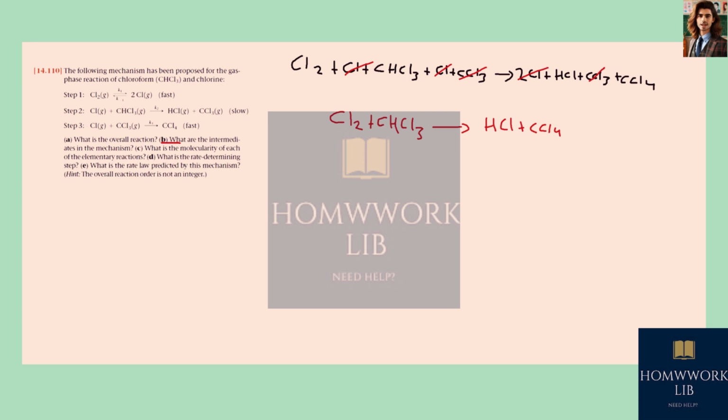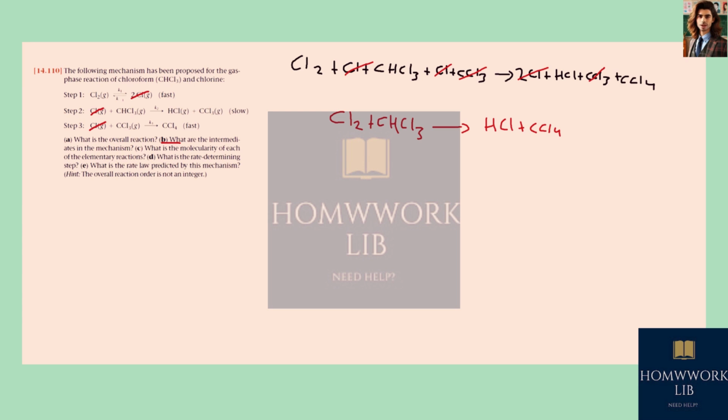Now, what are the intermediates in the mechanism? In each elementary step, we get something in the products, and if whatever we get in the products is consumed in another elementary step, that is an intermediate. So chlorines over here are intermediates, since we get them in the products and we consume them later on.